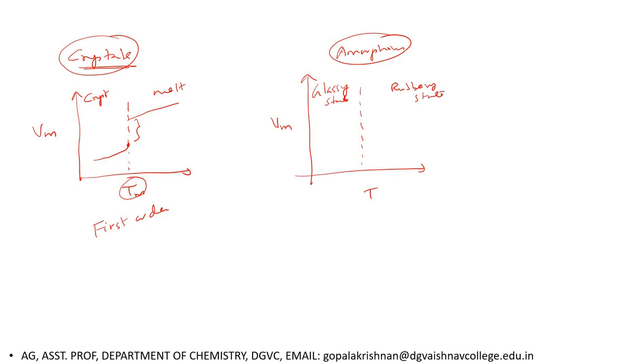In this case, if you plot molar volume versus temperature, we get a graph which looks like this. What does this indicate? There is no discontinuity at the equilibrium temperature. So this temperature is also called the glass transition temperature in the case of polymers. So the glass transition temperature is a second order phase transition actually. It is a second order phase transition.